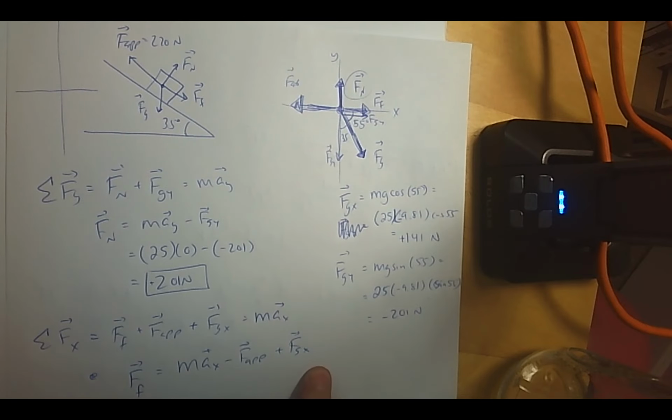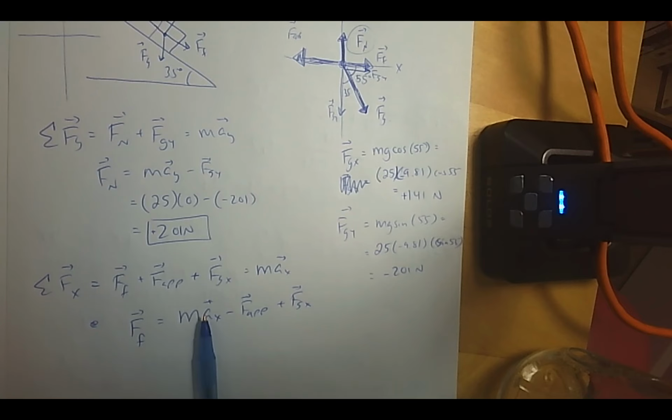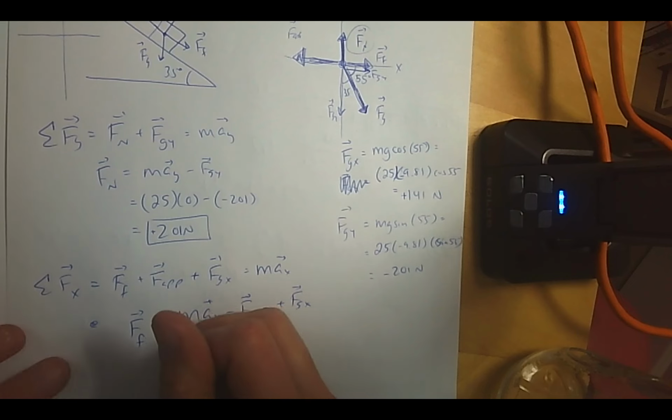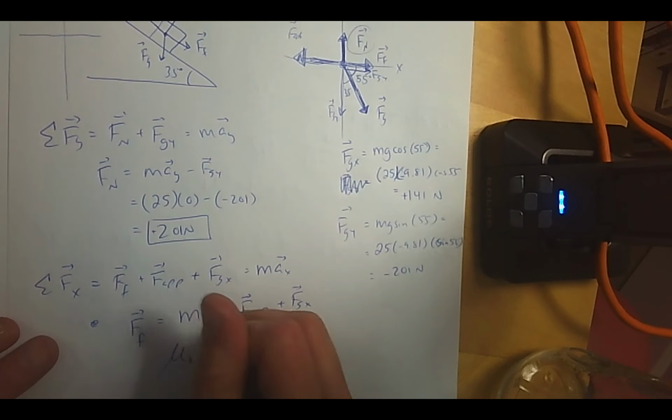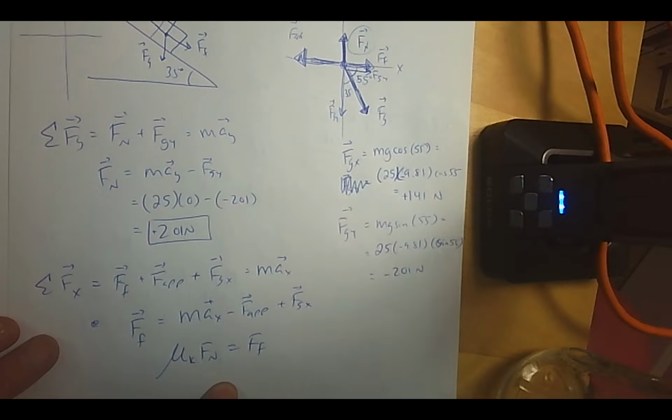And as I'm writing this out, I'm thinking, man, I must have more than one unknown here, right? This is an unknown. My x acceleration is also unknown. So I can't actually use this equation. So let me just revisit my initial question. It says that I have a coefficient of kinetic friction. Okay, that's useful, right? Because the coefficient of kinetic friction multiplied by my normal gives me my force friction. So I can use this equation to solve for force friction.